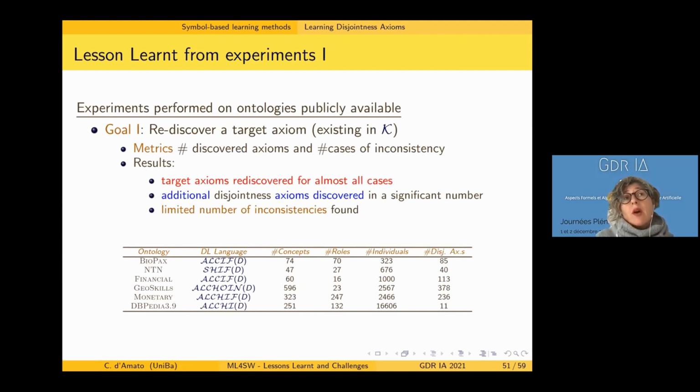We evaluated this developed method in two different aspects. The first one is to check, given a bunch of ontologies that have been taken into account, and these are ontologies that are publicly available, we just removed one disjointness axiom, and checked if the terminological cluster tree based method was able to rediscover the target axiom that has been removed.